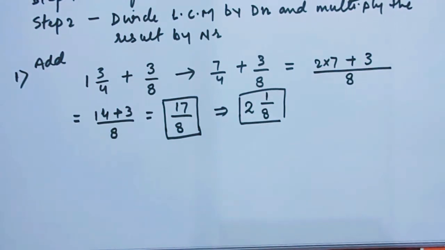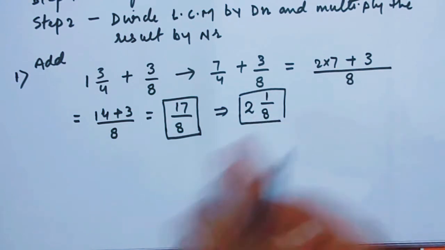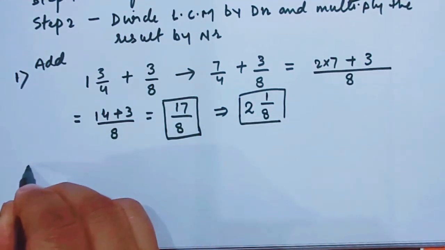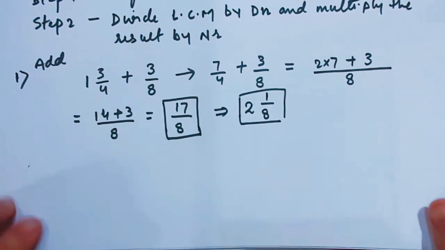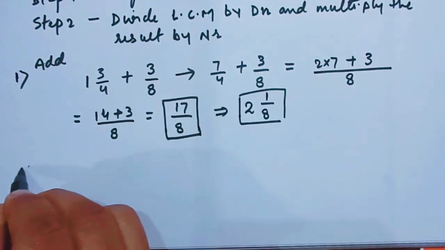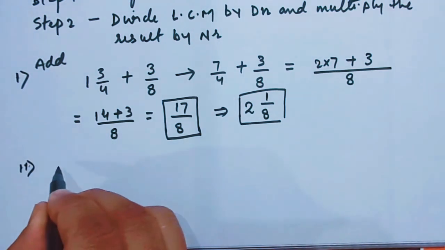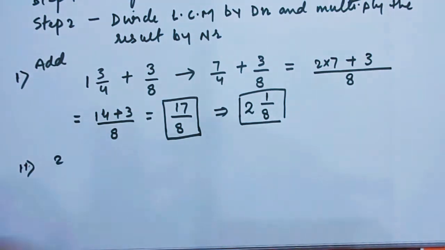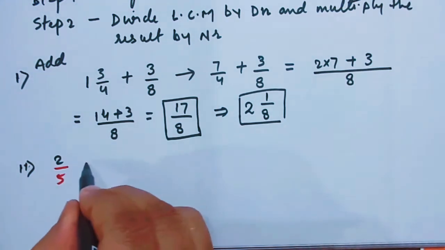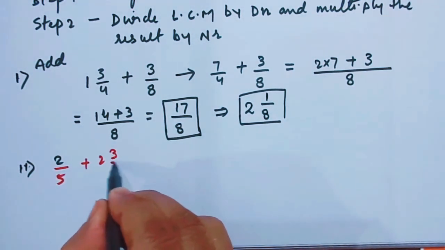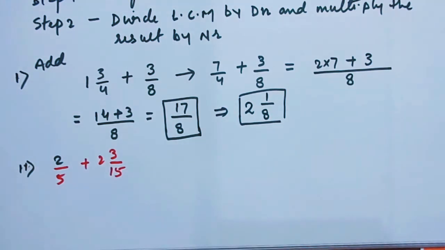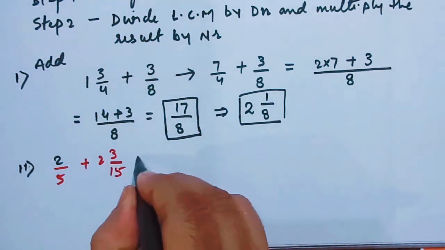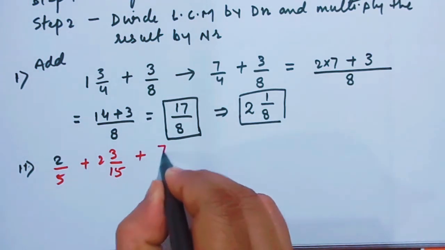Moving on to the next one. Reduce if possible. Say no, I am not going to reduce. Let's solve the second part. 2/5 plus 2 3/15 plus 7 by 10.